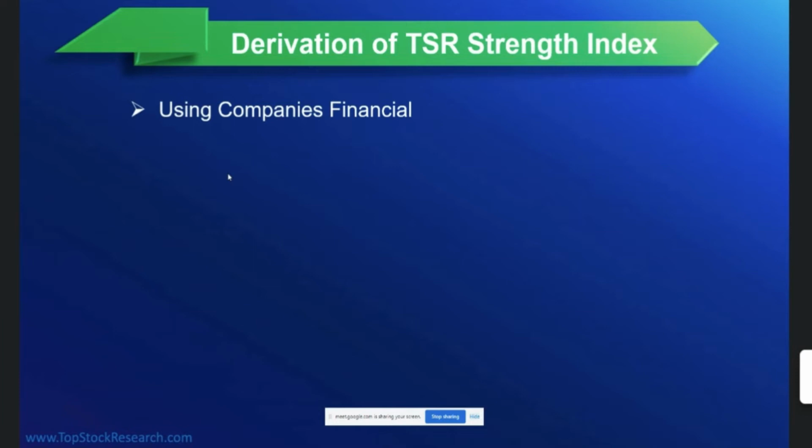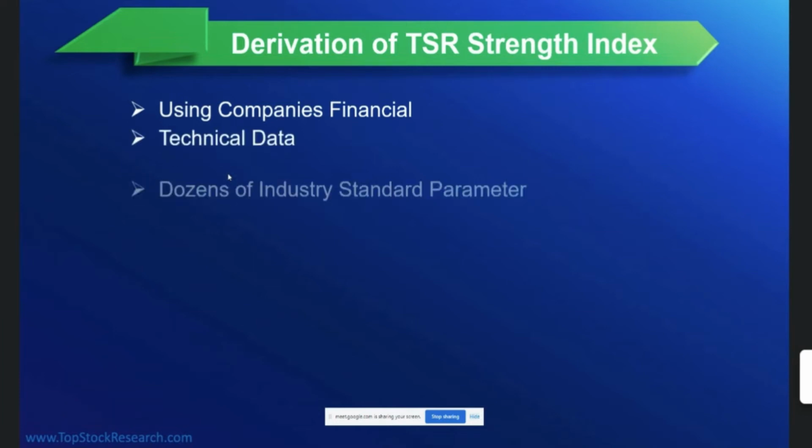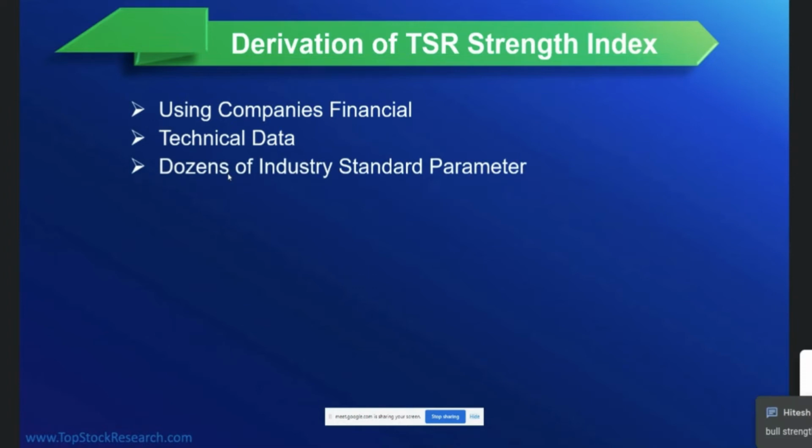Of course, this is more of a generic explanation, but what we use is a lot of company financials, technical data, and dozens of industry standard parameters. If it is stability, we will have debt related ratios. If it is technical, we will have momentum related fields like RSIs or MACDs. Then we have a lot of our own subsystems before we derive the strength index, which are TSR specific.